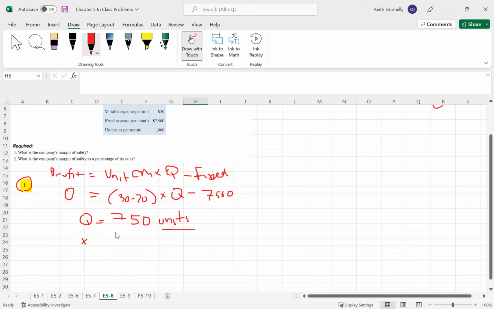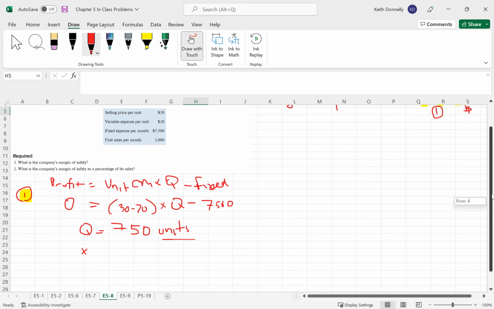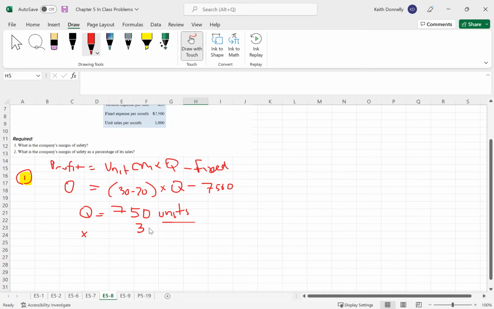So here, right, we have 750 units. And the idea with it is it's going to sell it for how much if we go up there? $30 per unit. Right, so let me pull up my calculator real quick. So we have 750 times 30.